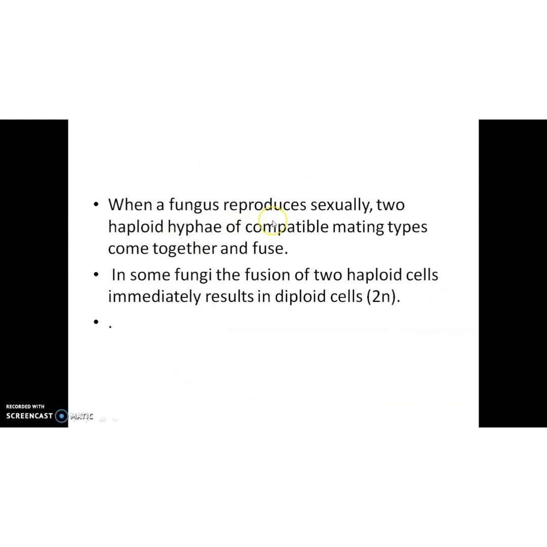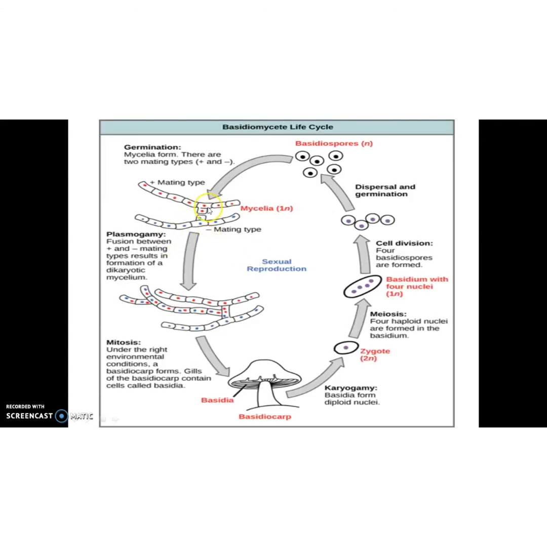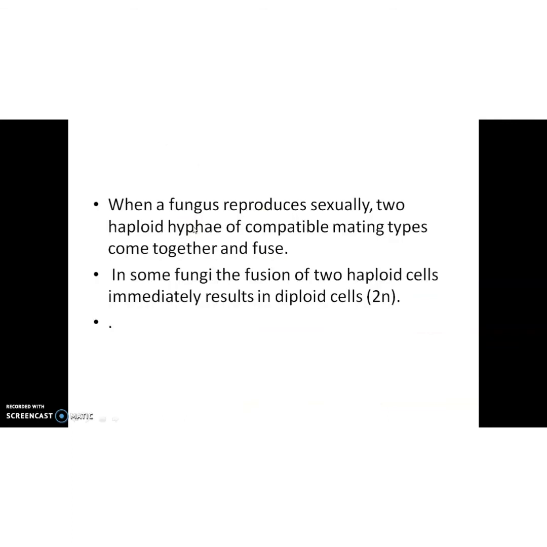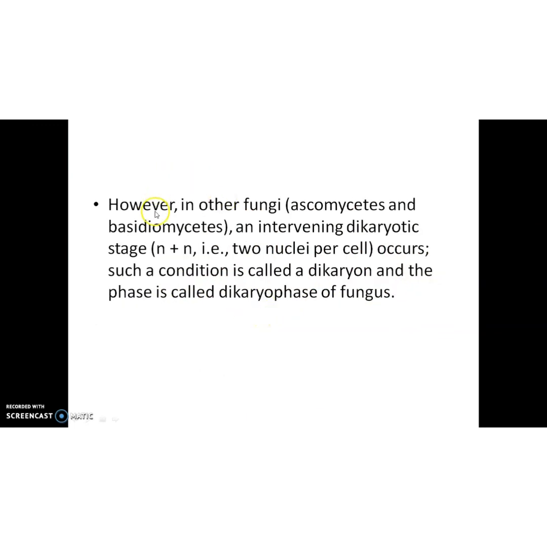Okay. When the fungus reproduces sexually, two haploid hyphae of compatible mating types come together and fuse. That we represented here. Two different types come together and they fuse. In some fungi, the fusion of two haploid cells immediately results in diploid cells. However, in other fungi, ascomycetes and basidiomycetes, that I represented in the diagram here, an intervening dikaryotic stage, that is n plus n, two nuclei per cell, occurs.